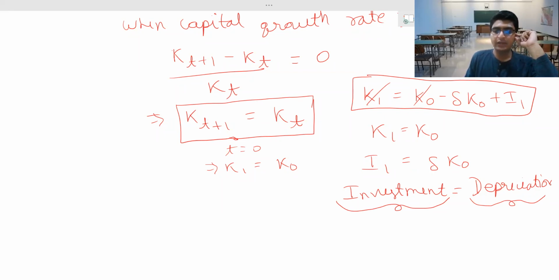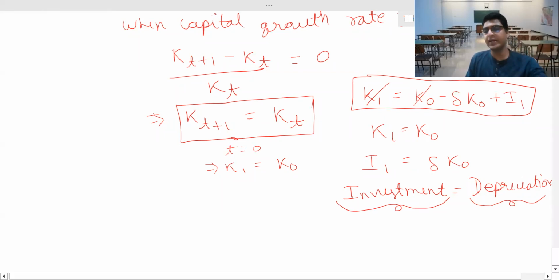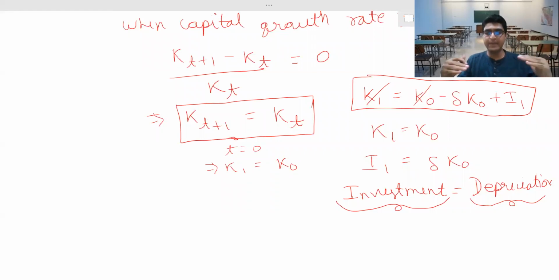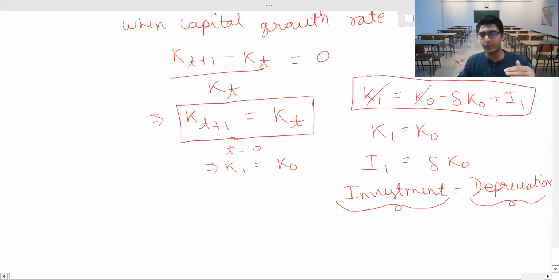Okay, so जब आप उतना ही इन्वेस्ट कर रहे हो जितना डेप्रिशिएट होगा, so capital is being replaced. तो एक बार अगर आप यहां पर पहुंच गए, if you are in the situation where investment is always equal to depreciation, then there will be a constant growth of capital which is 0. 0 का growth rate होगा, और y output का भी वही growth rate होगा, and that is what we call a steady state.